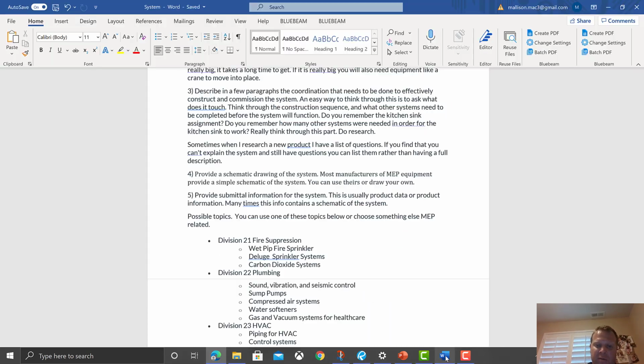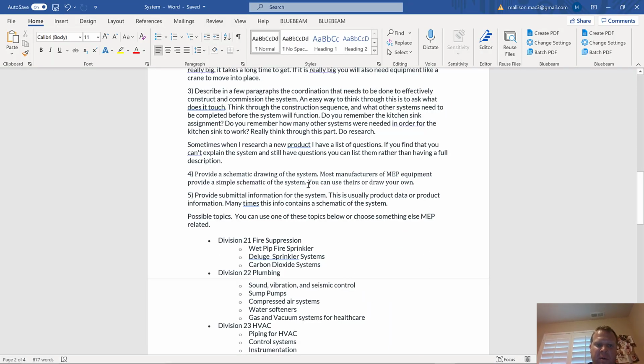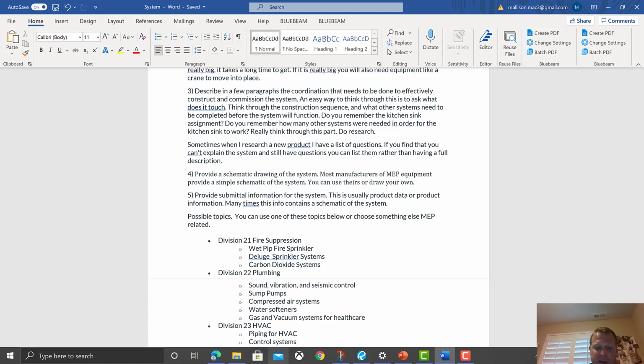But back to this. So you need to provide a schematic of the system, provide submittal information for the system or the component. Okay, so if you're doing, for instance, the hot water recirculating system, find the manufacturer for one of them, print off their product data, and it's fairly simple.